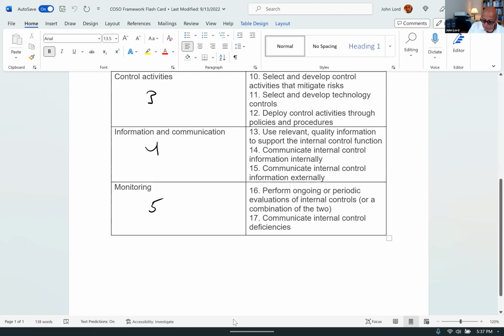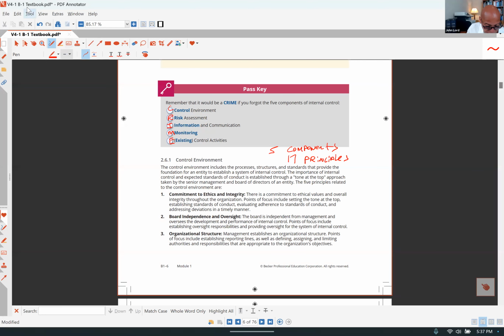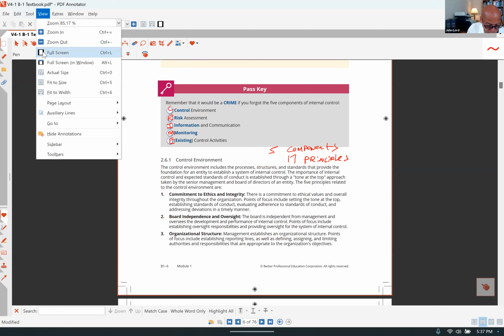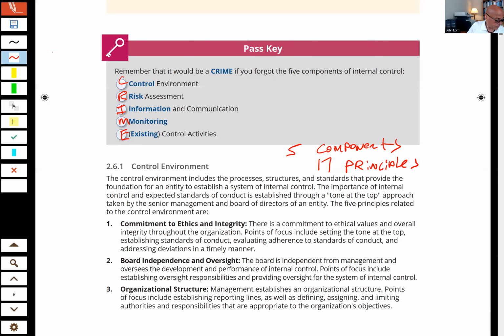Let me come back now, and we're going to talk about some of these principles. I'm not going to read through every single one, but some of the key ones that I think you'll see in questions. When we talk about the control environment, it's at the top.